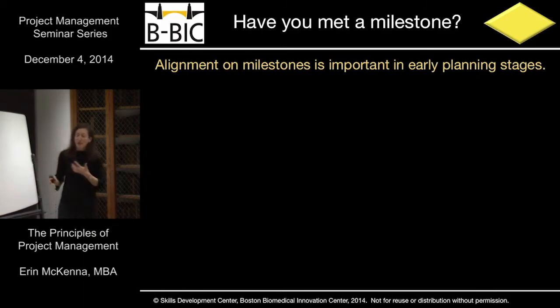So have you met a milestone? And this can be a little trickier, I think, than it's sometimes considered at the beginning of a project. But making sure that you've got alignment on how you're going to show that you meet milestones is also very key, both in the beginning of your project as well as throughout the execution of it.